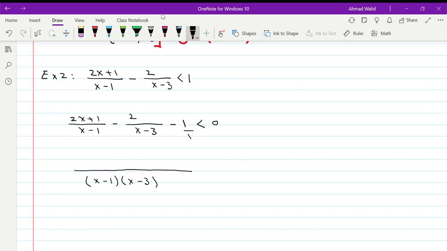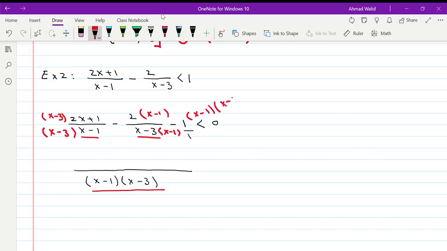To make the denominator like this, I need to multiply here by x minus 3, and also multiply the top, right? Here, to make the denominator like this, you need to multiply by x minus 1, and also the top by x minus 1. And the 1 becomes x minus 1 times x minus 3, over denominator x minus 1 times x minus 3.